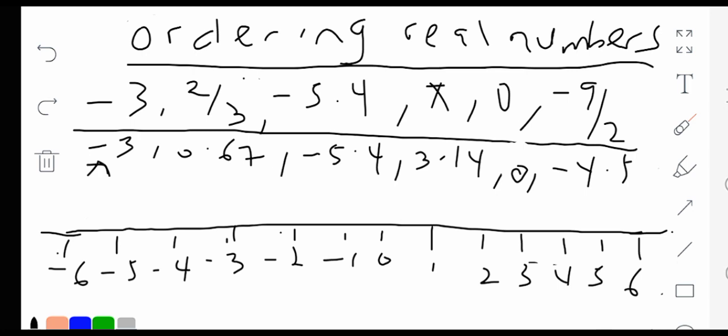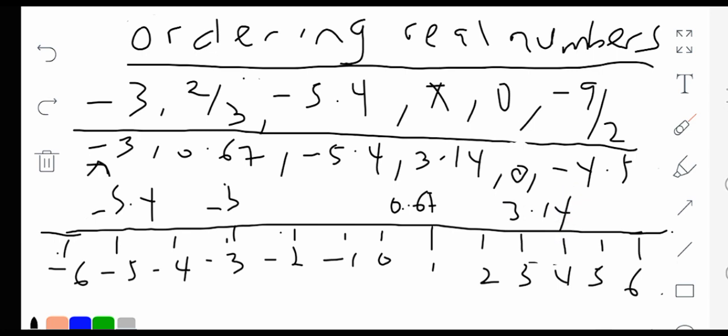Minus 3, put it on the number line. It's going to be around here. Minus 3. 0.67 on the number line. Where is it going to be? 0.67 will be around here. It's not up to 1. Minus 5.4 comes around here. 3.14, which is for the pi, will be around here.